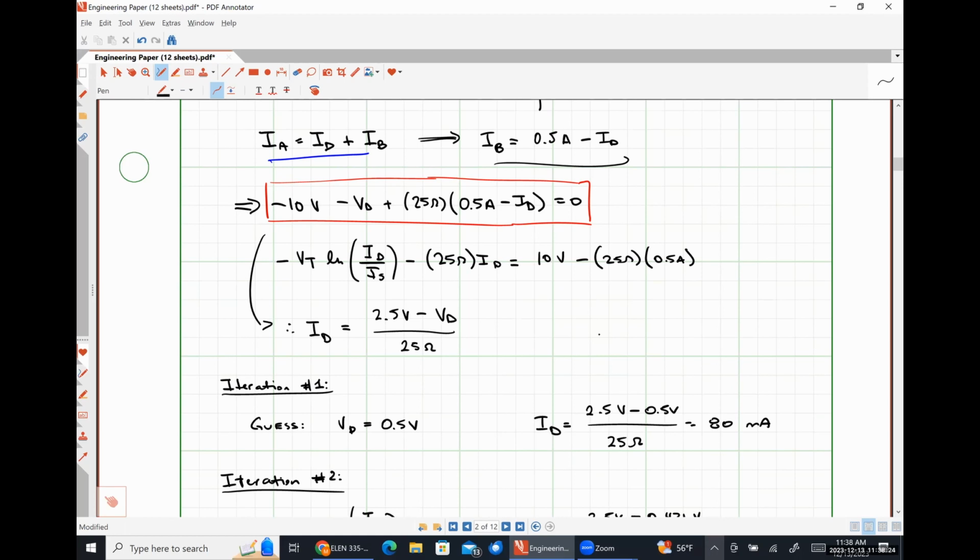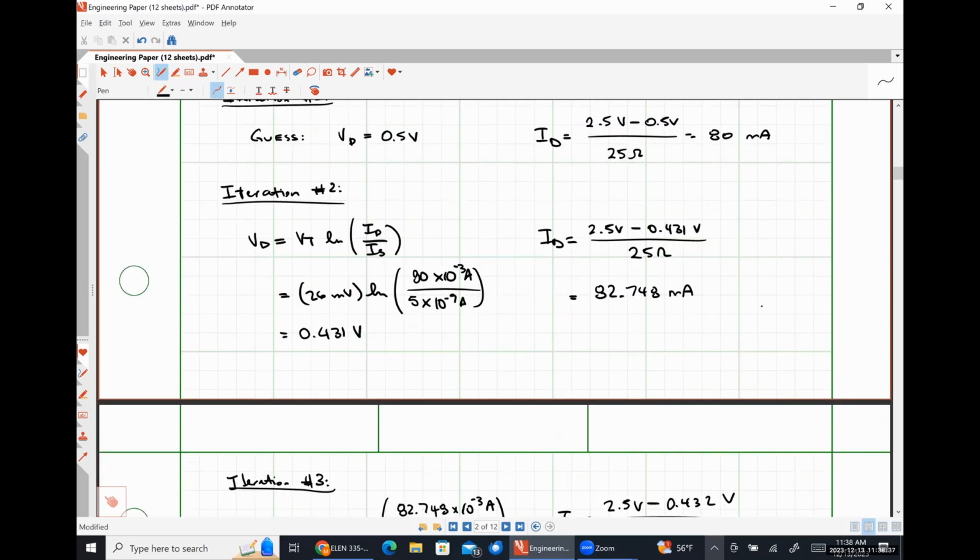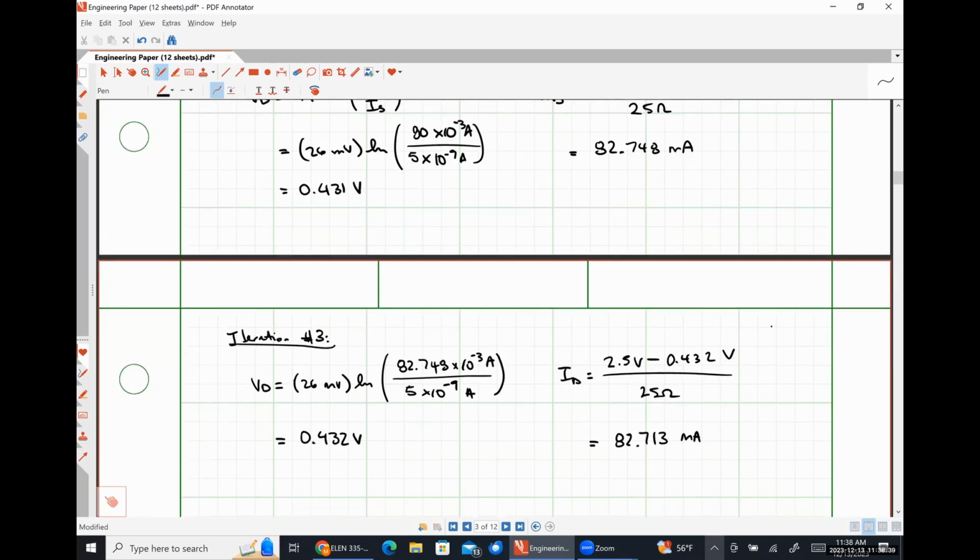Solving for x, I get 82.714 milliamps, which is pretty darn close.